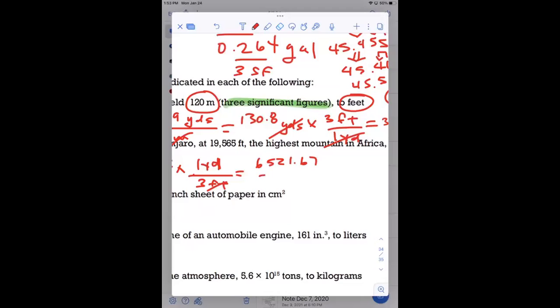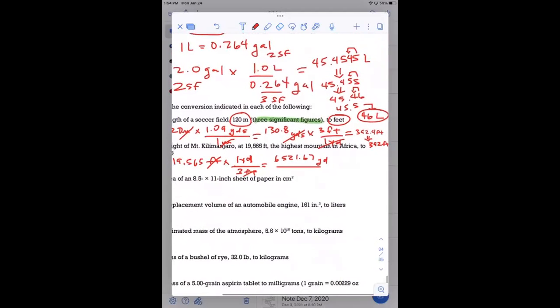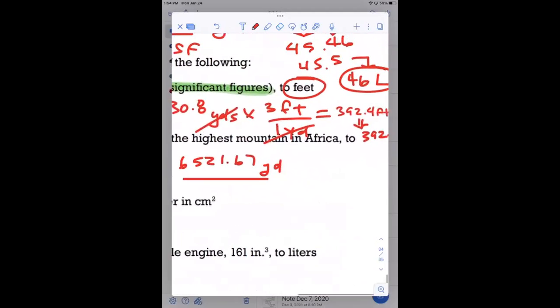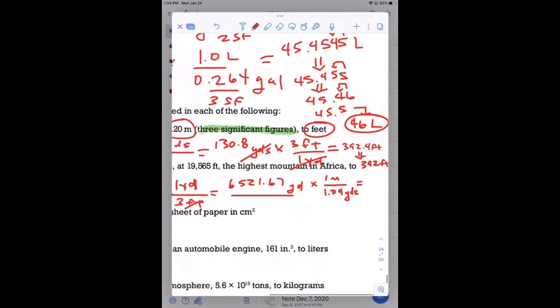So let's say 6,521.67 yards. And now I can go from what? I know my conversion from yards to meters, don't I? So I can now just use that conversion factor, 1 meter over 1.09 yards. What does that give me?